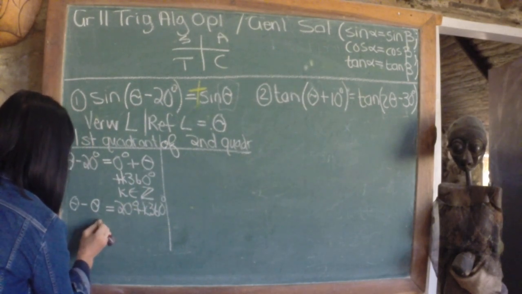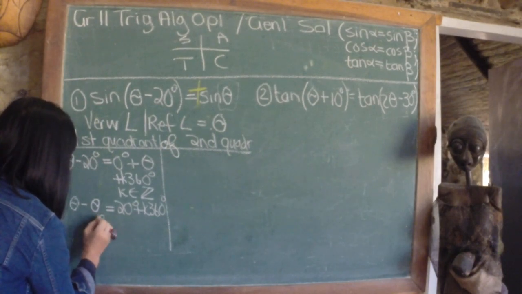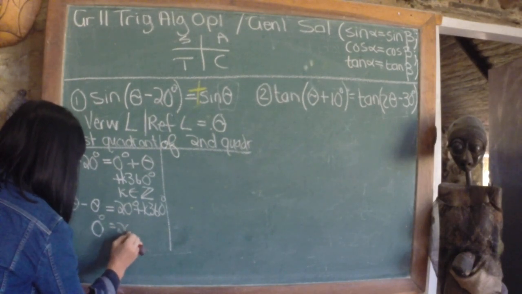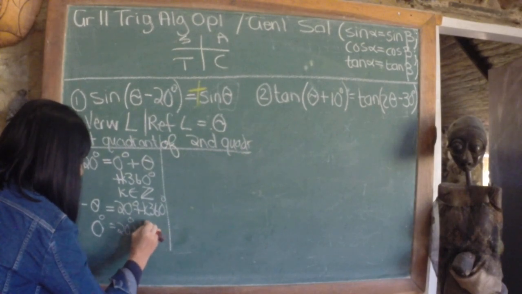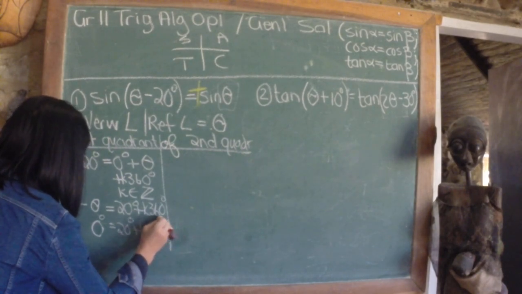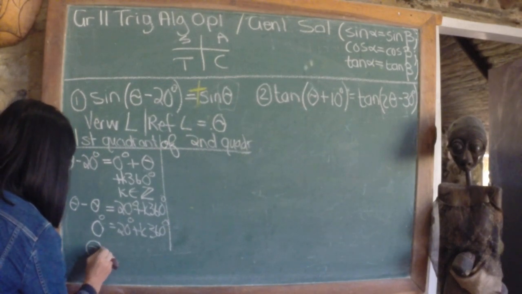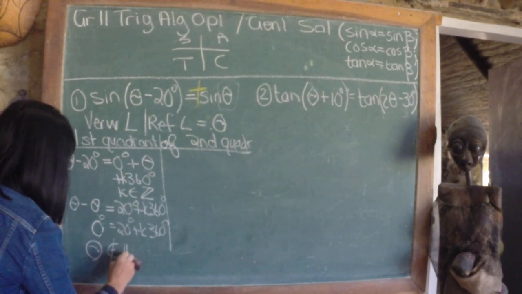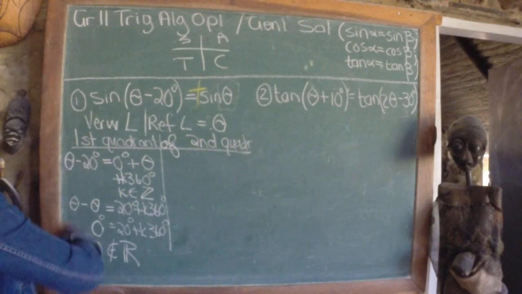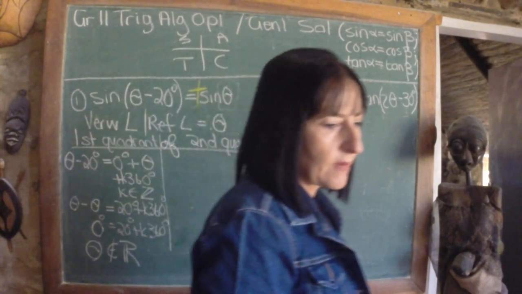And now we've got 0 equals 20 degrees plus k times 360, and that's impossible. So therefore, there's no solution for theta. Theta is not an element of the real number system in the first quadrant. Very important.